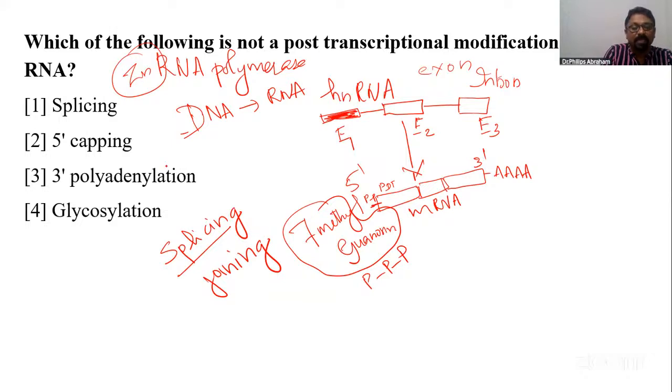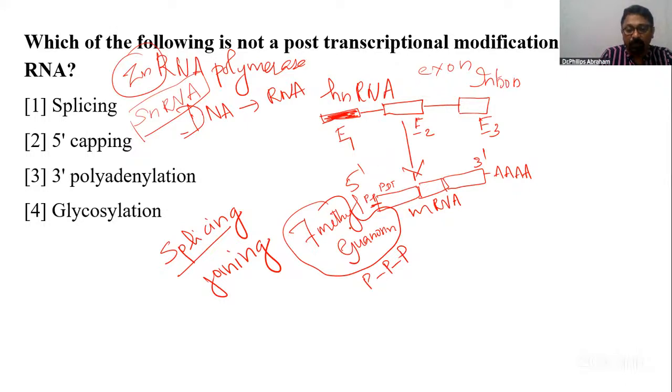For this splicing, as I said earlier, we need an RNA called snRNA. Hope you remember that. The modifications after transcription we call post-transcriptional modification, mainly involving snRNA.